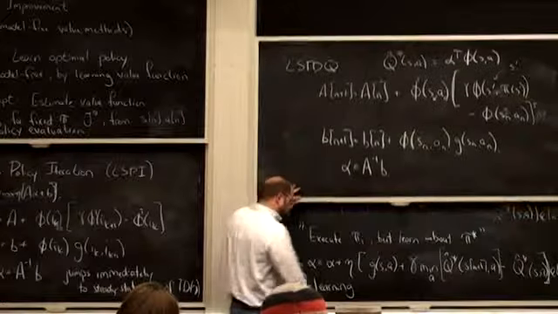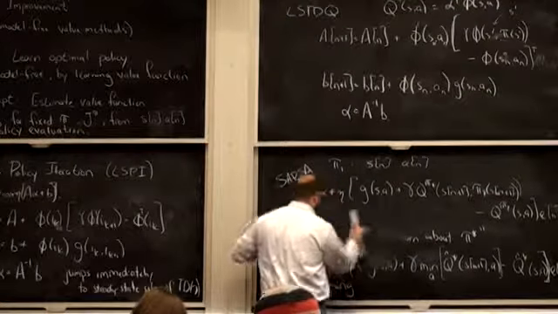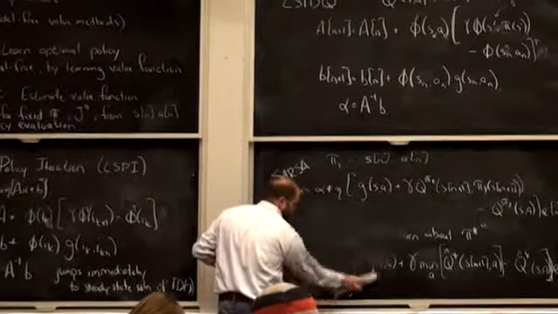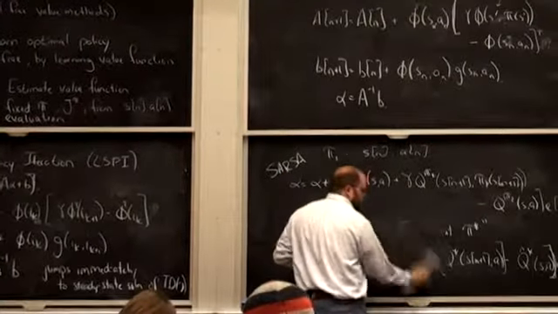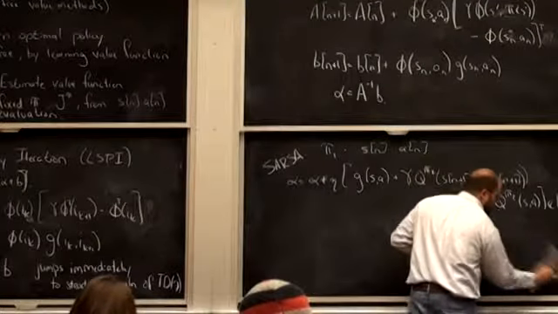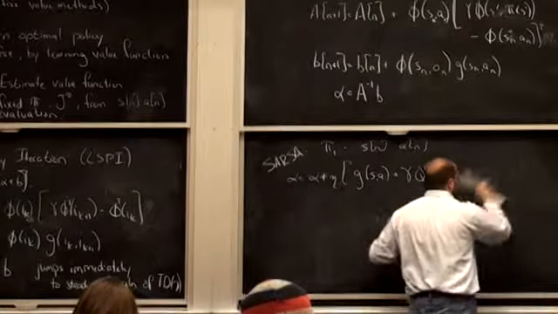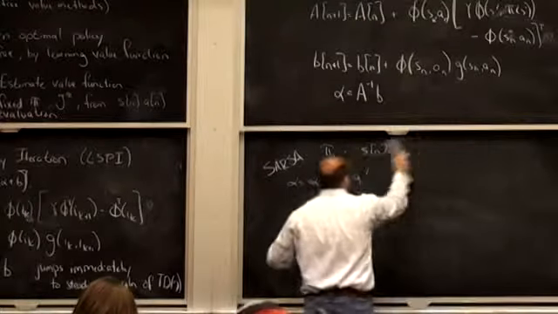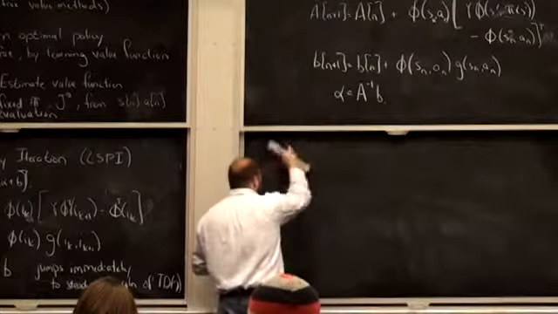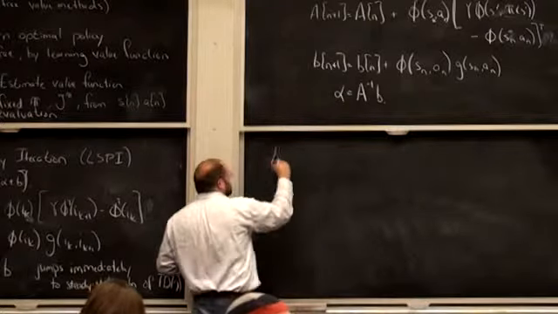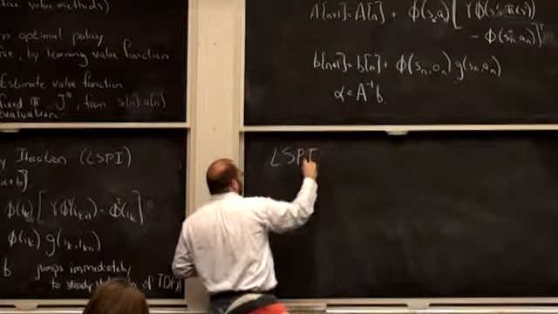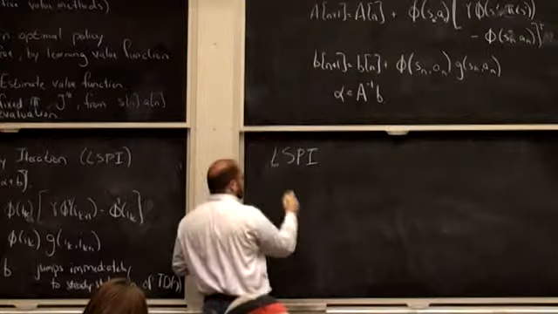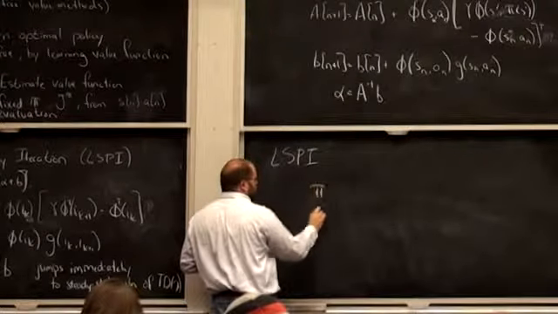And it turns out, if I now do this in a policy iteration sense, LSPI, least squares policy iteration. Basically, we start off with an initial guess.